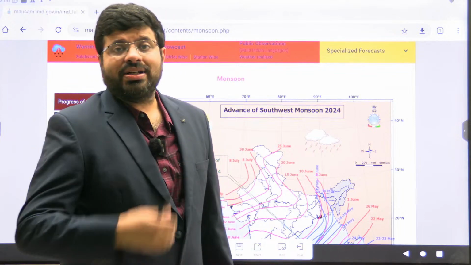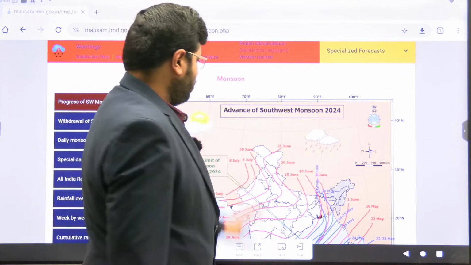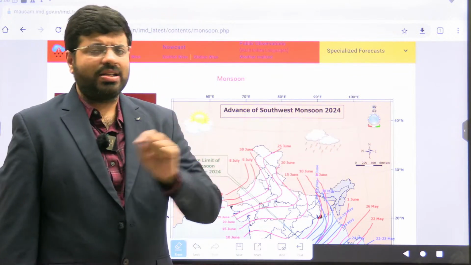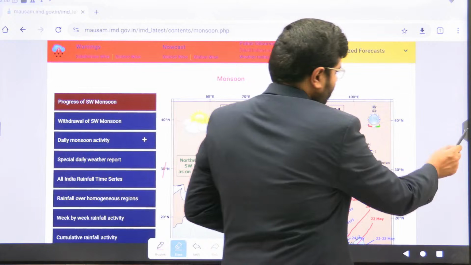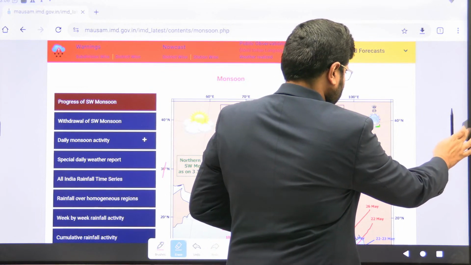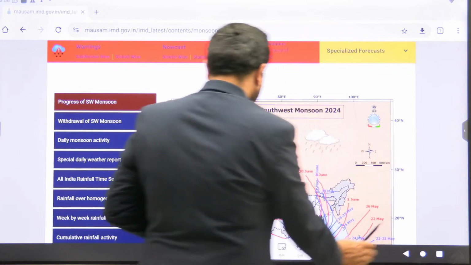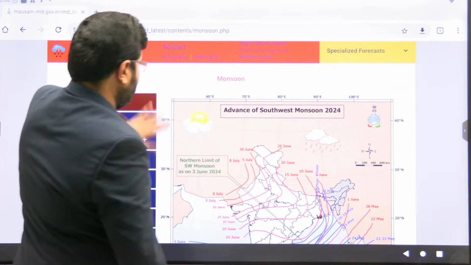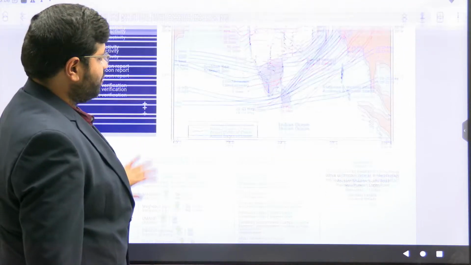What is the usual time of the advance of the southwest monsoon? Around May 30th, late May, early June is usually the time. Even this time, the advance was the same.